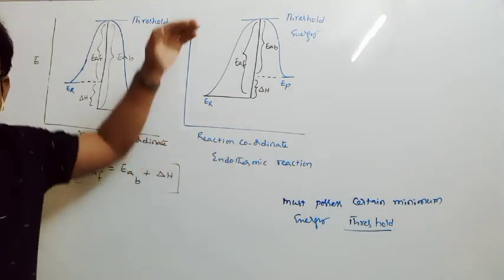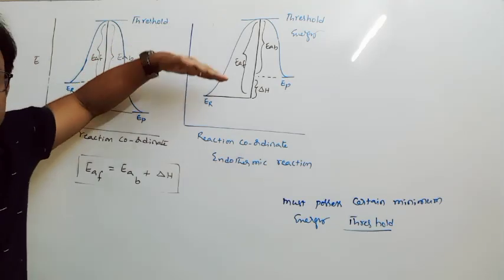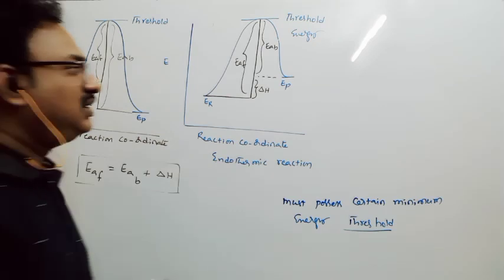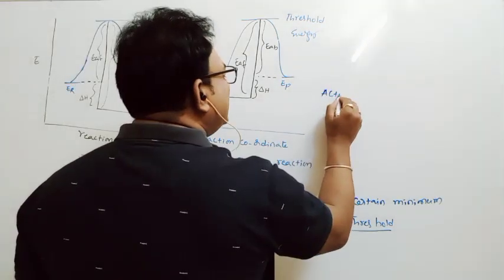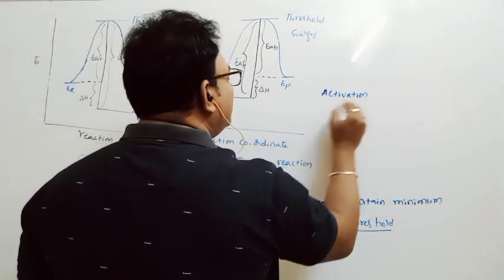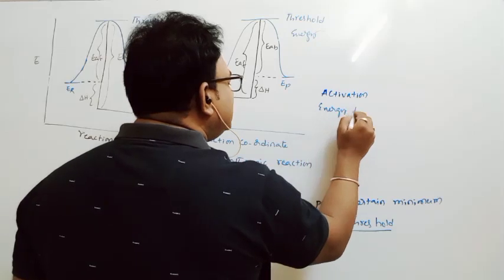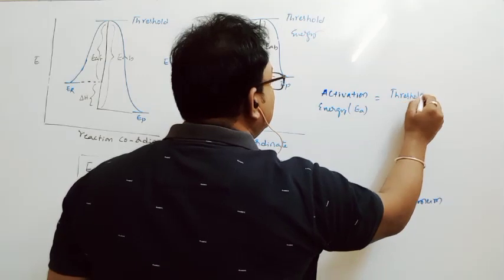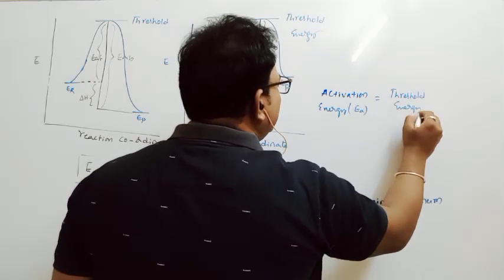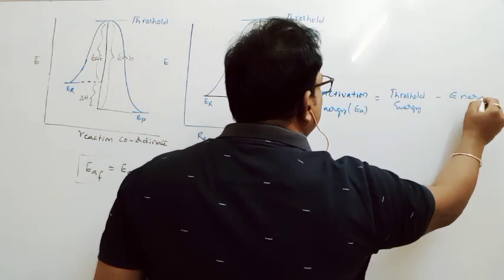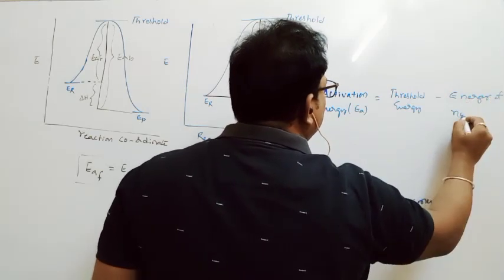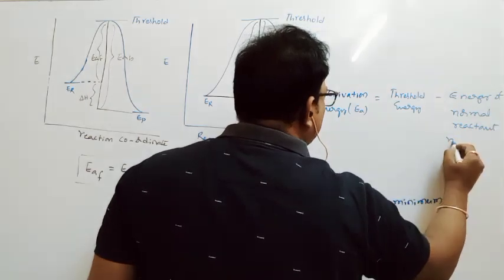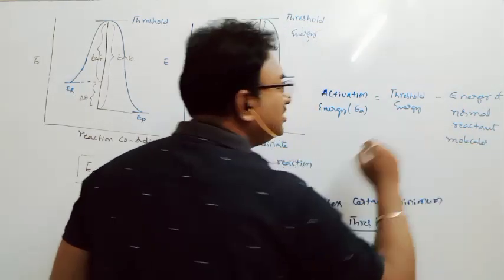Now the energy difference between threshold energy and normal energy of reactant molecules is called activation energy. So what is activation energy? If you listen carefully, activation energy Ea is equal to threshold energy minus energy of normal reactant molecules. समझ गया?